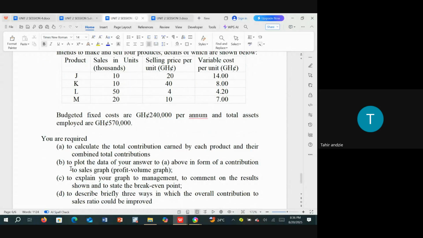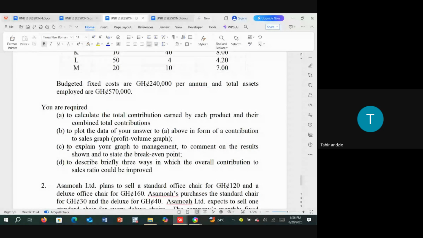Then plot the data of your answer to A above in the form of a contribution to sales graph, or profit volume graph, explain your graph to management, comment on the result shown, state the break-even point, and describe briefly 3 ways in which the overall contribution sales ratio could be improved.